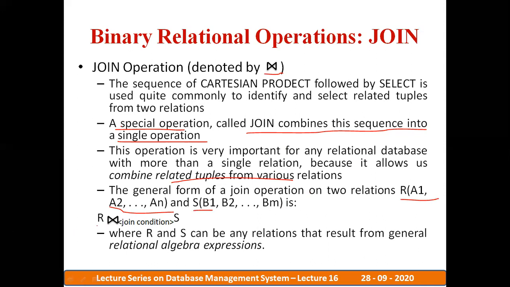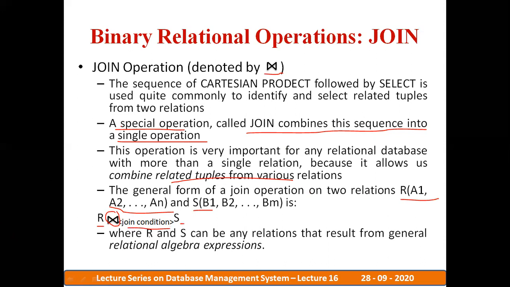We need to combine the relation R and the relation S, so I perform the join operation using the join notation. I also need to specify the joining condition. Joining condition means which attribute you are considering from R as well as which attribute from S to join these relations R and S. That we call a join condition.